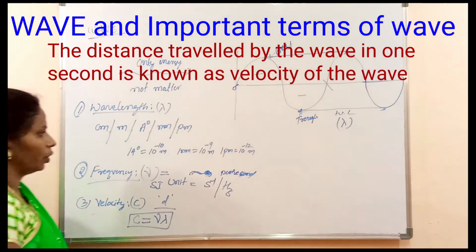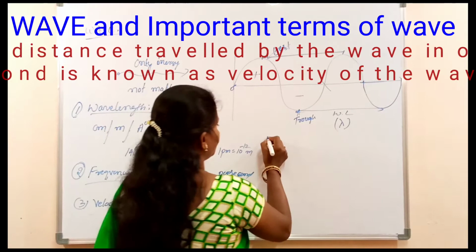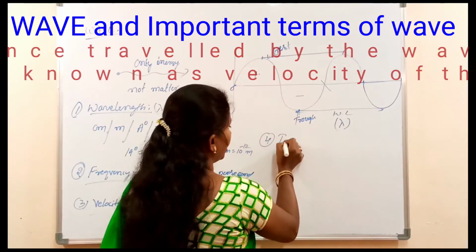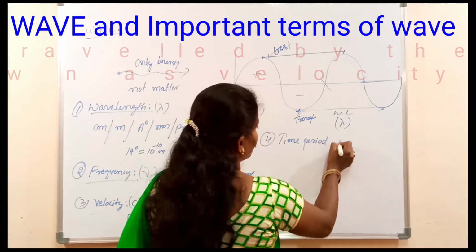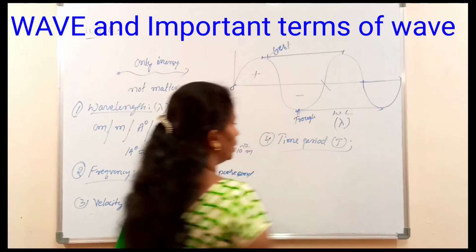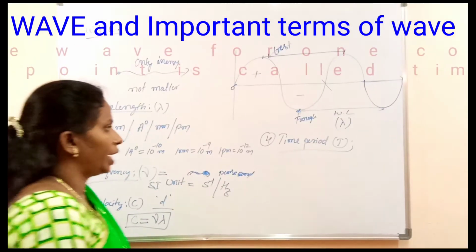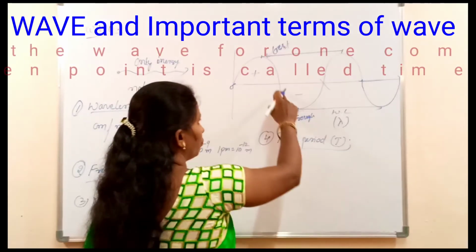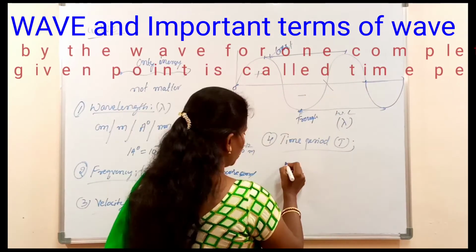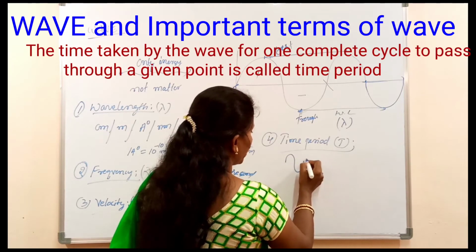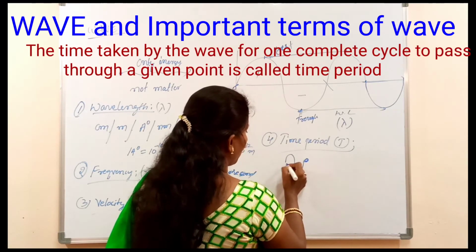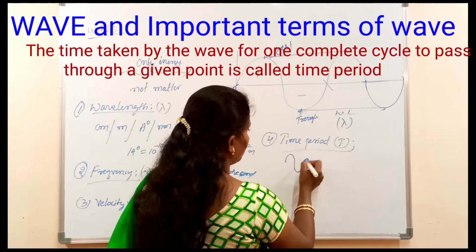Next is time period. The symbol is capital T. The time taken by one wave to pass through a point is called time period.